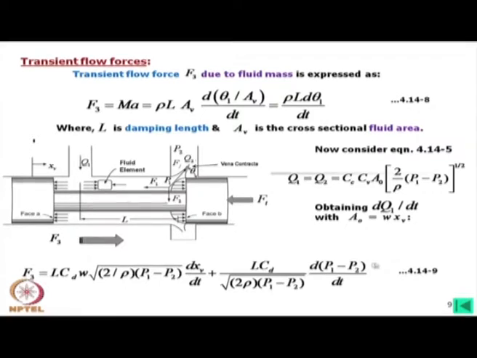So, this portion is correct, and then we can write that this will become d P 1 minus P 2 by dt. In fact, in the book this expression is not correctly written, so I am explaining here. If this is from Merritt's book, if you follow that, it is not correctly written there. So, you should be careful about these equations, but anyway if you agree with this, from this equation and differentiating this one, we are getting F 3 like this.